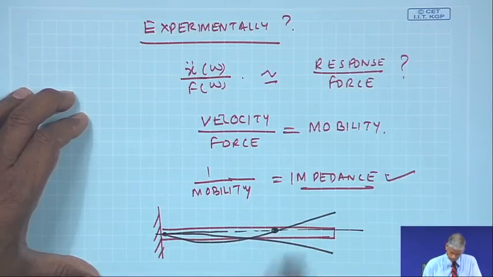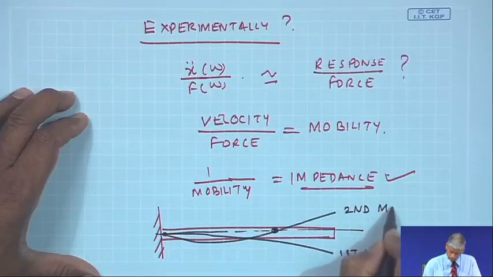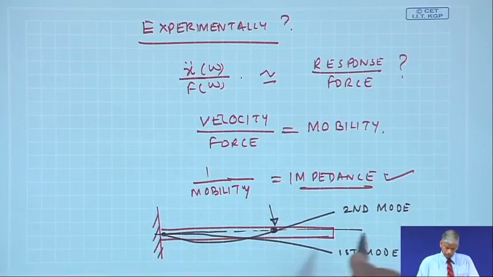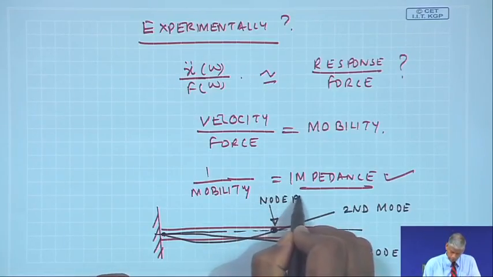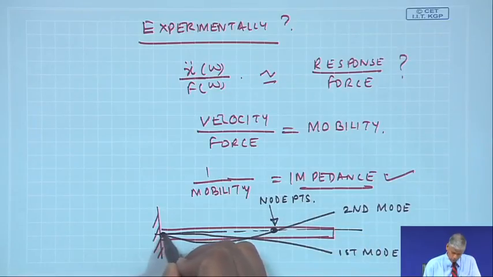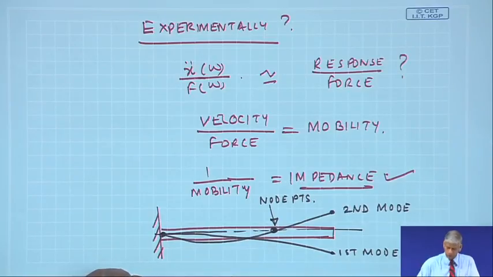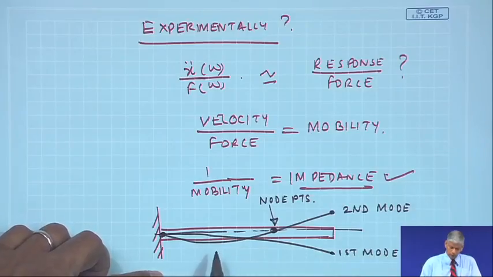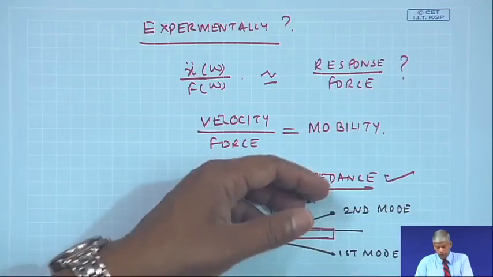This is a node point, first mode, second mode. Wherever we have zero displacement, those are the node points, and obviously this is the node point, and the free ends are the antinode points. I have just shown two modes of a cantilever beam subjected to transverse vibrations, but there are many infinite modes.